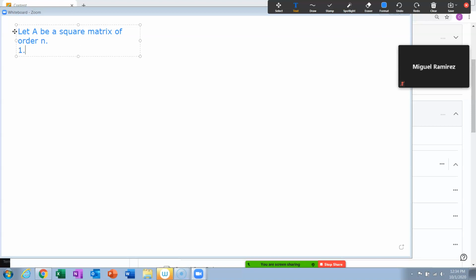First thing you do, write the n by 2n matrix that consists of A on the left and I'm going to just call it I sub n on the right.